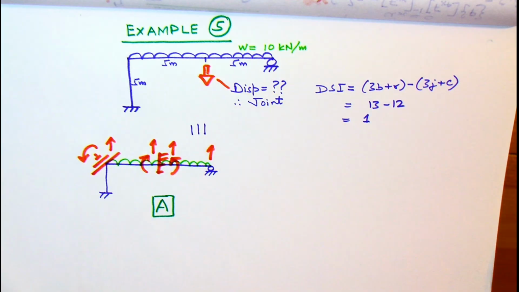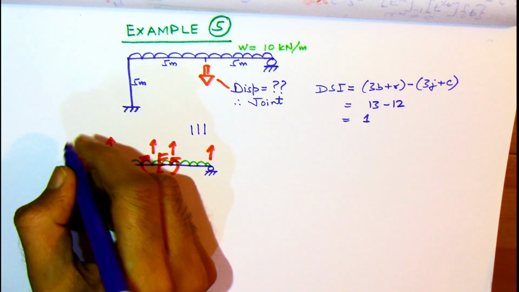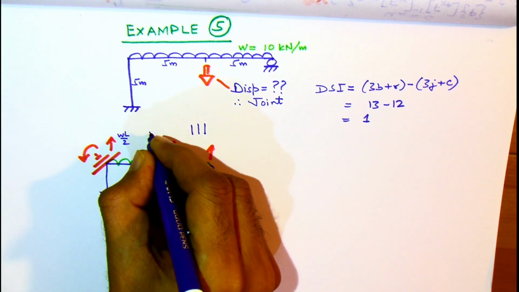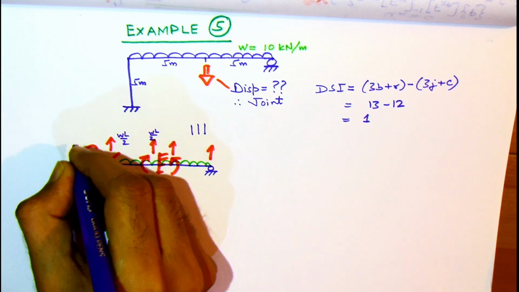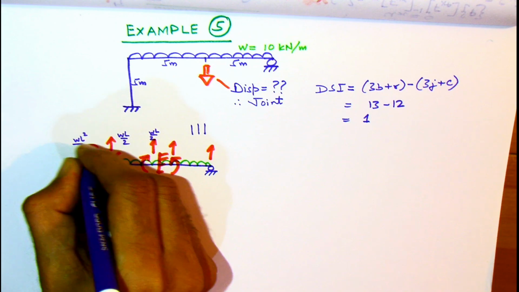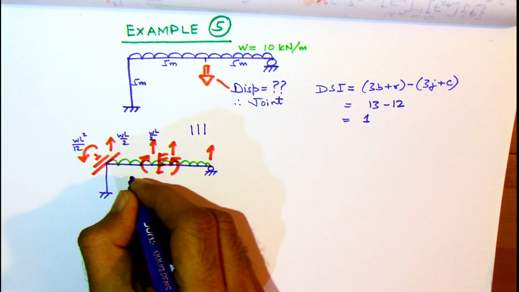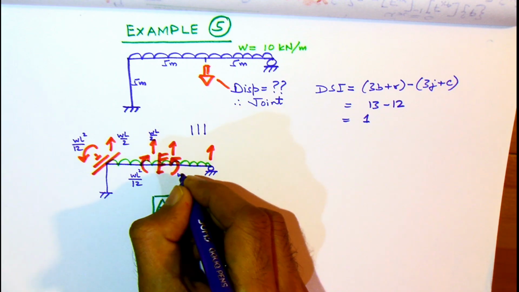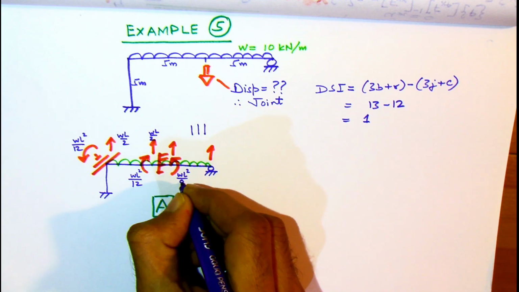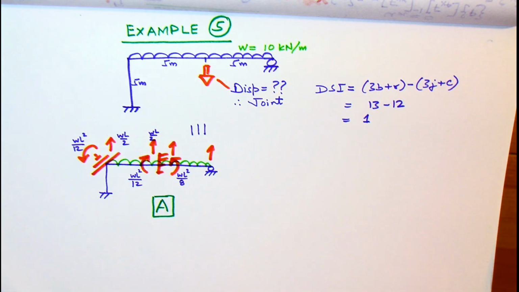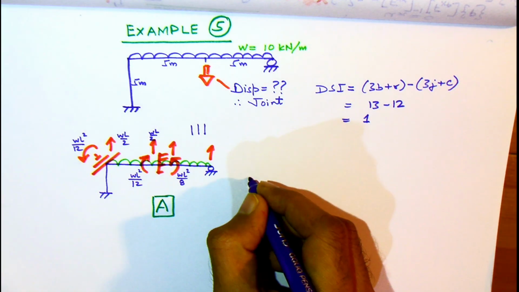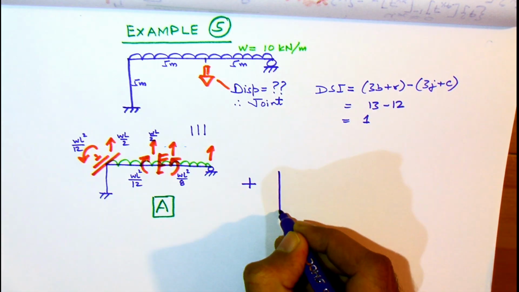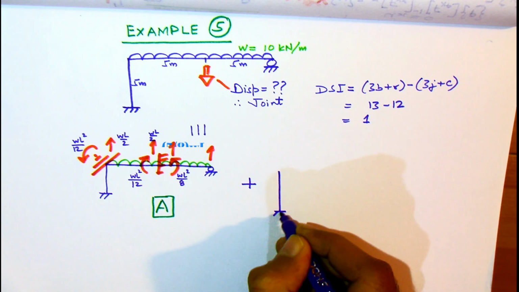So we get the reactions for the two parts, WL by 2, WL by 2 vertical reactions, and the moment reactions WL square by 12. For the other part, which has a hinge on the right hand side, we get the moment reaction as WL square by 8, and the corresponding vertical forces will be 5 by 8 WL and 3 by 8 WL.